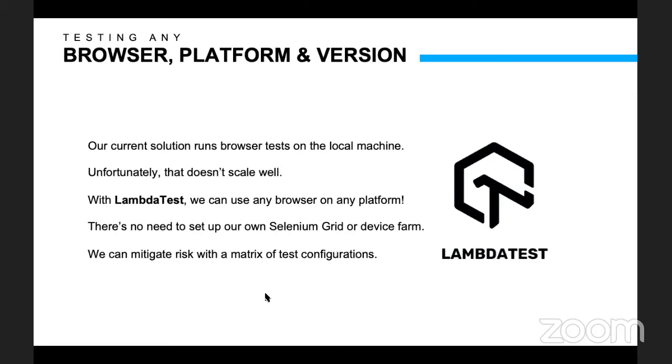It's hard enough trying to set up some sort of grid with desktop platforms, but then once you go to mobile, think about all those iPhones, all those Android devices, all the combinations there, plus the browsers on top of that. That becomes really, really difficult. So you can do huge at scale, multi-combo, desktop and mobile browser automation with Lambda test.